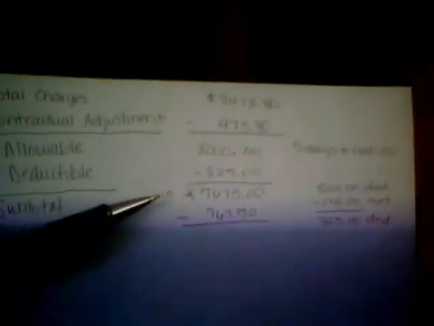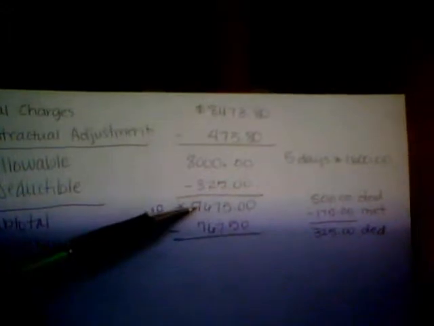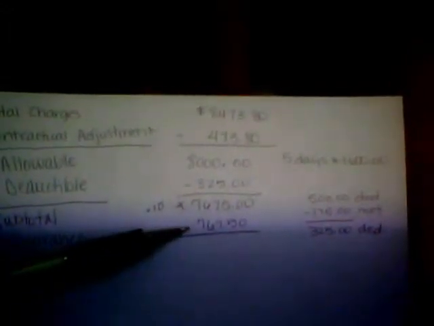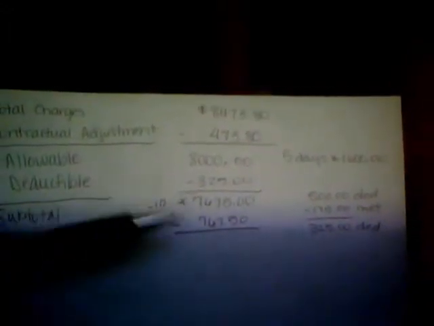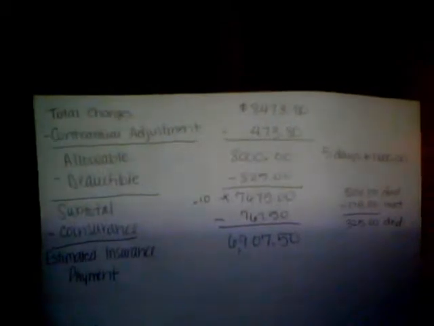Notice how I took the 10% and multiplied it by 7675 to get the 767.50, and then I'm going to subtract to get my estimated insurance payment. So 7675 minus 767.50 is 6907.50. And that is my estimated insurance payment.